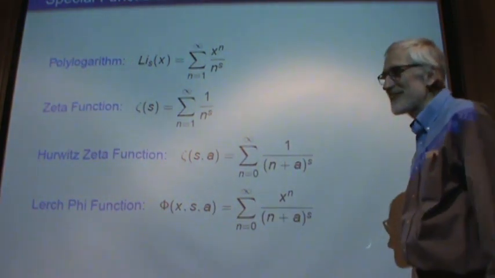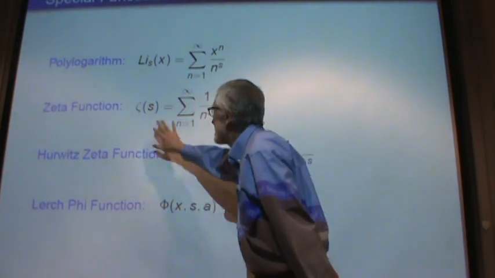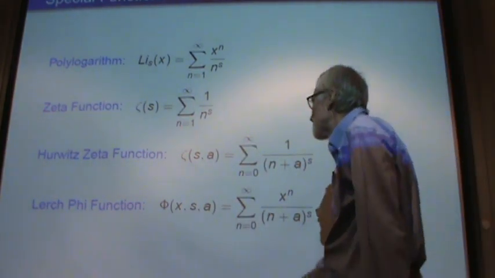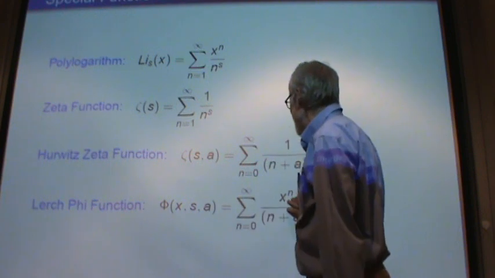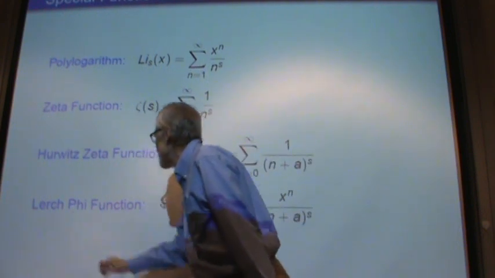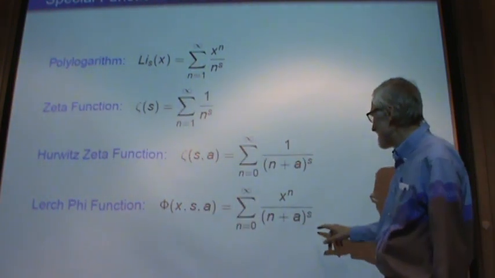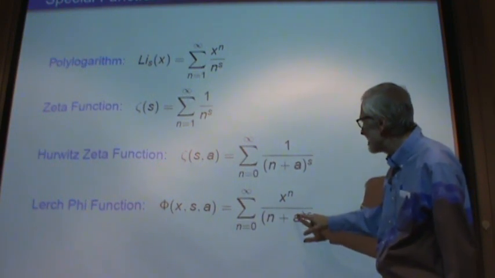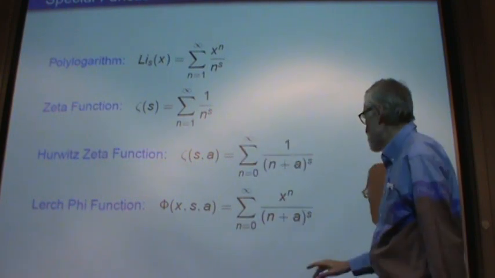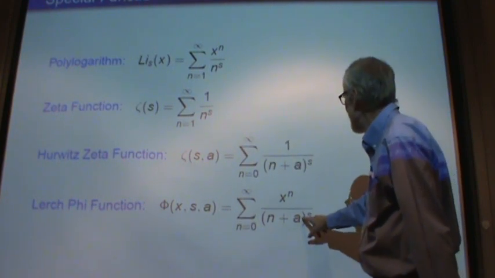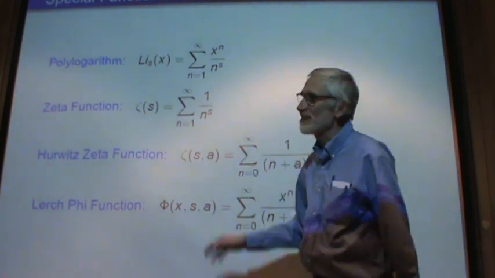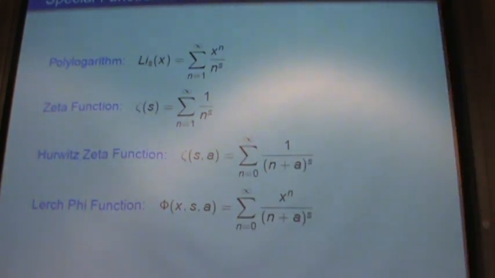If I have time, I have some other examples that involve the zeta function as a Hurwitz zeta function. And what comes up, this is sort of the most general situation, is the so-called Lerch phi function. So notice if you set, say, a to be 1 and x to be 1, you would get zeta. If you set a to be 1 and keep the x, then you would get the polylogarithm. So the Lerch phi is sort of a master function.